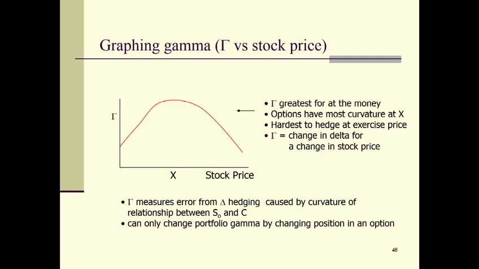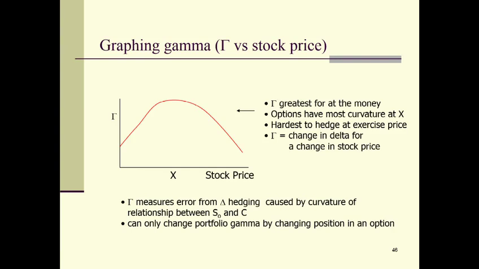In the money. Why do you think it is more sensitive in the money? What about you? If the option is deep in the money, I would not expect a larger sensitivity.